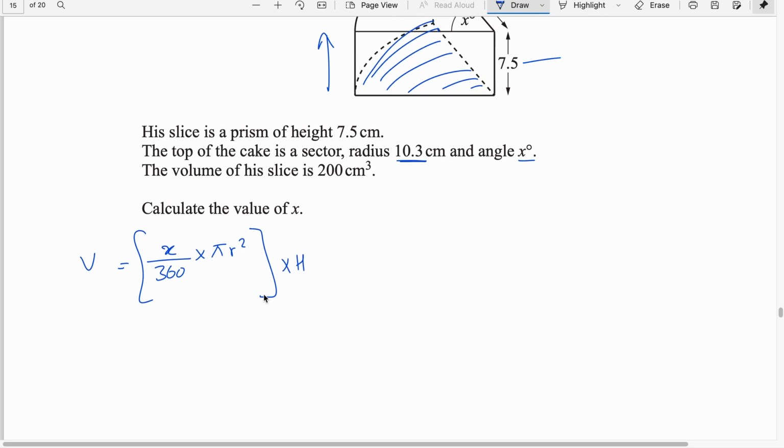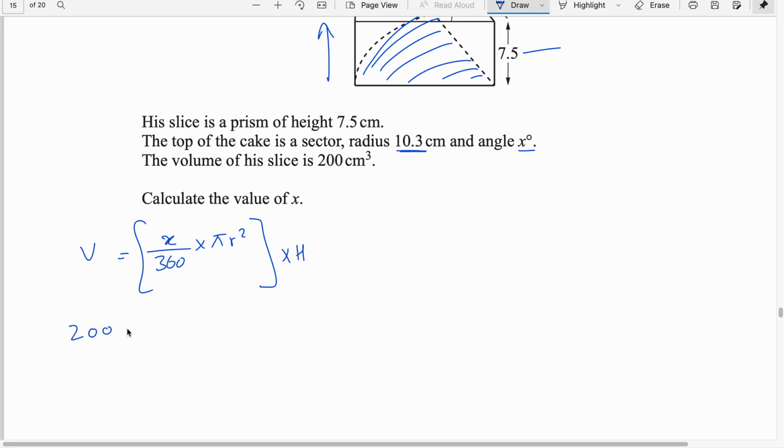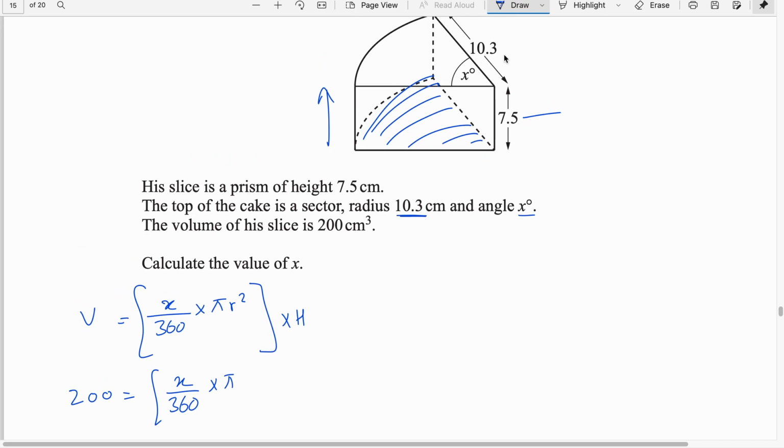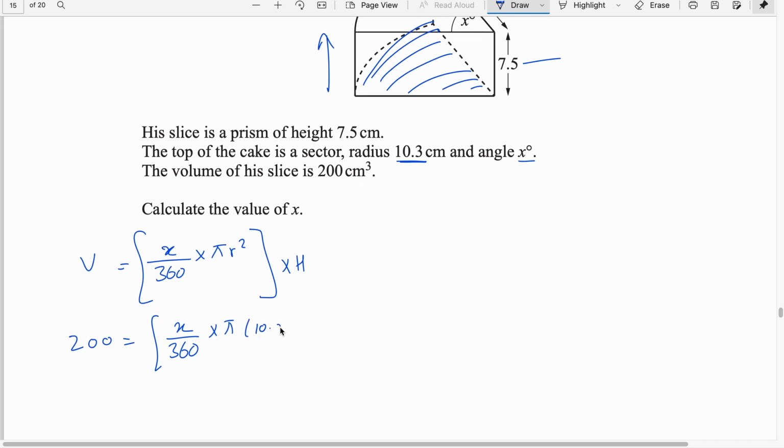Now substitute the values. Volume is 200, angle is unknown by 360 times pi, radius for this is 10.3 squared, and the height is given as 7.5 centimeters. Rearrange and solve for x.